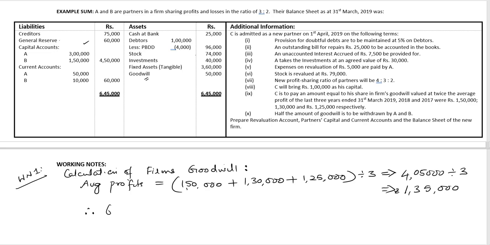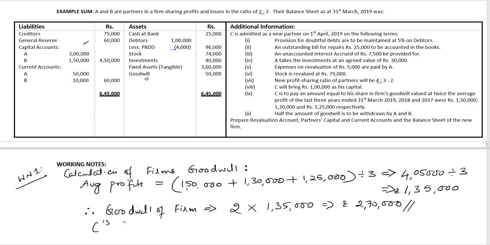Therefore, goodwill of firm is equal to twice the average profit of the last 3 years. So it's 2 into rupees 1,35,000, which is equal to rupees 2,70,000 rupees.